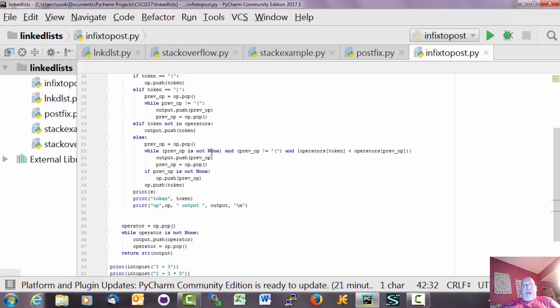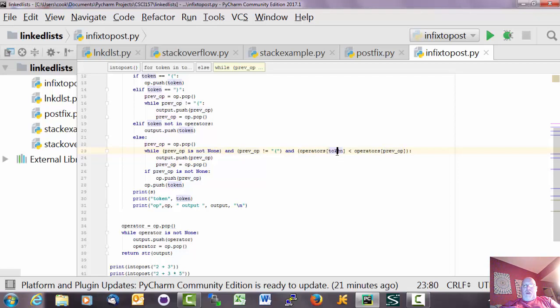We're going to check to see if that operator is none. If there's no operators on the stack, this will be none. We're going to check to see if it's a left parenthesis. And if it's none of those things, then we check the precedence of the token that we're currently at versus the precedence of the previous operator that was on the stack.